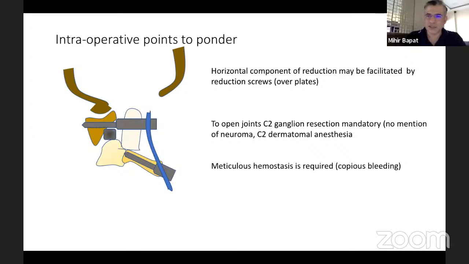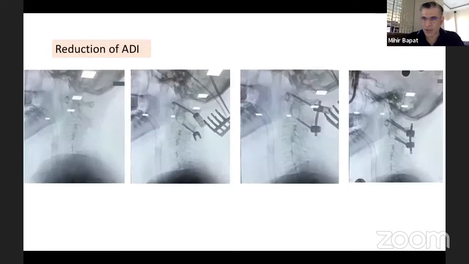One of the techniques that is proposed is to sacrifice the C2 ganglion so that you get a panoramic view of the joint here. However, one has to ensure that you coagulate the epidural plexus well so that there is no unnecessary bleeding. It can range up to a liter, liter and a half. By using strong holds on a C1 C2 joint, it is easily possible to reduce a deformity once you have control of the C1 C2 joint.